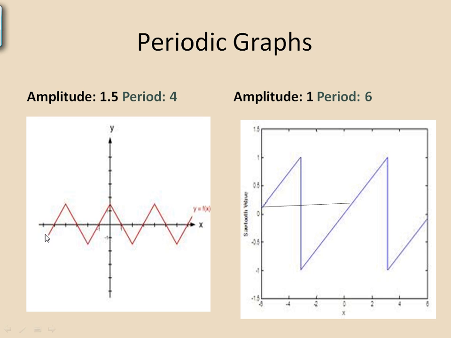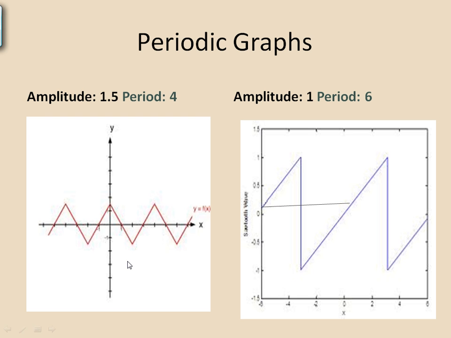So here, you'll see that we have some V's and upside down V's or triangles here, and it's repeating because it's the same graph over and over again, and so we can look at the amplitude and period of this graph by looking at each of these little hash marks as one unit. So let's start with the amplitude. We can see that the highest point is approximately 1.5 and the lowest point is negative 1.5.